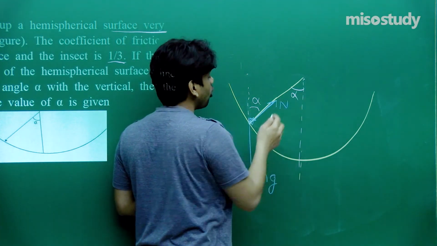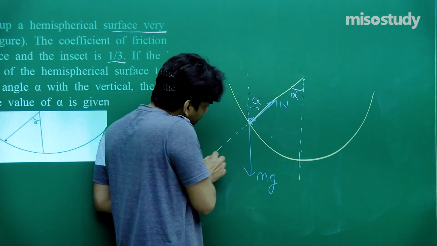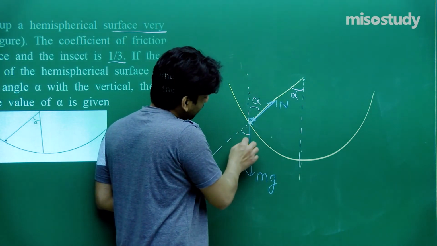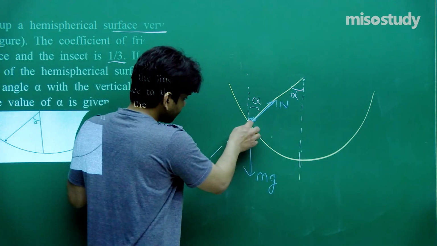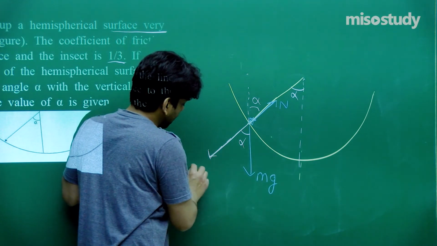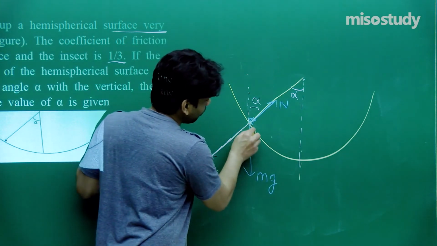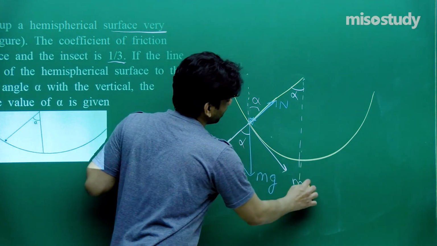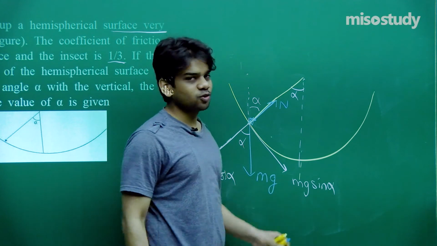This is the mistake that students often make. So mg, now see, if I find this, we will find that this is alpha. Now see, the mg component that will be acting just opposite to normal, that will be mg cos alpha, and the mg component acting tangentially will be mg sin alpha.